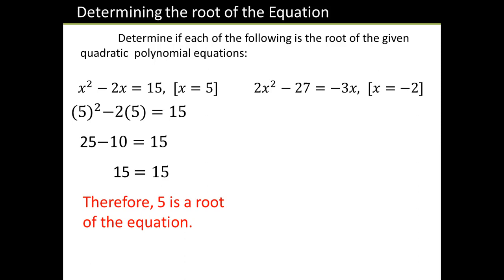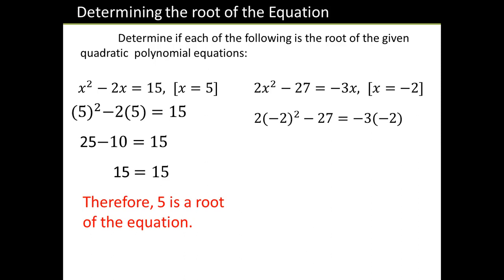So we substitute negative 2 into x. So therefore, you have now 2 times negative 2 squared, minus 27 equals negative 3 times x, which is negative 2.